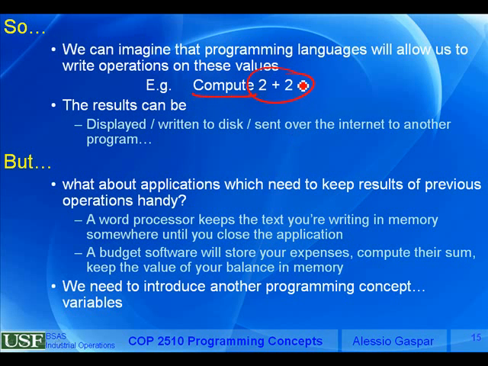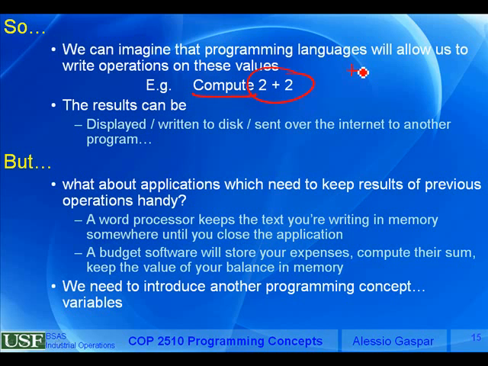We are using an arithmetic operator, the plus operator, the addition operator, and we are just instructing our program to compute the value of 2 plus 2. Two data values, apply the operator to them, this yields a result. What do we do with this result then? Well, we can display it on the screen, we can store it onto disk, we can send it over the internet to another program. I could go on and on and on, okay?